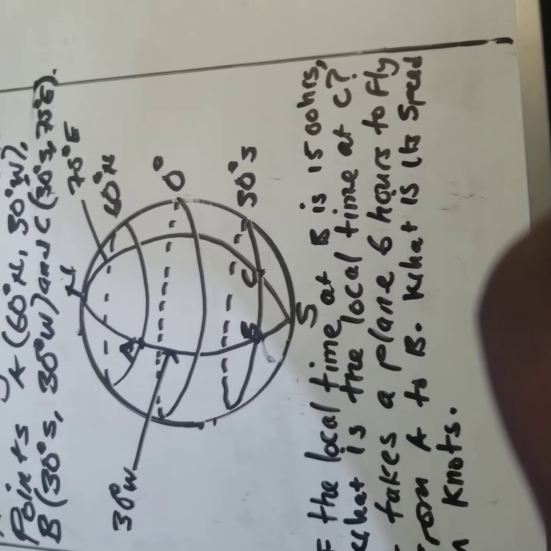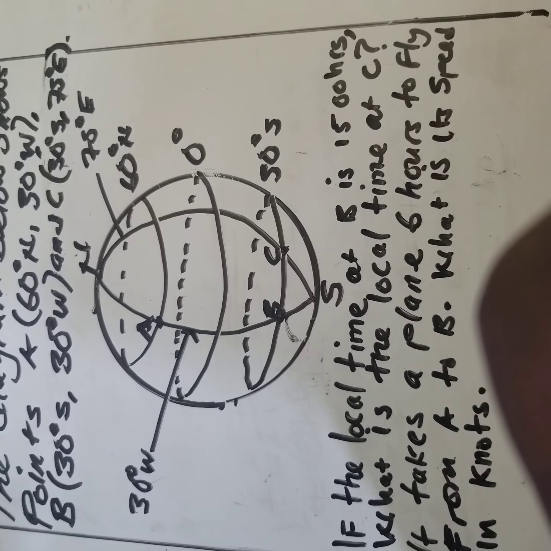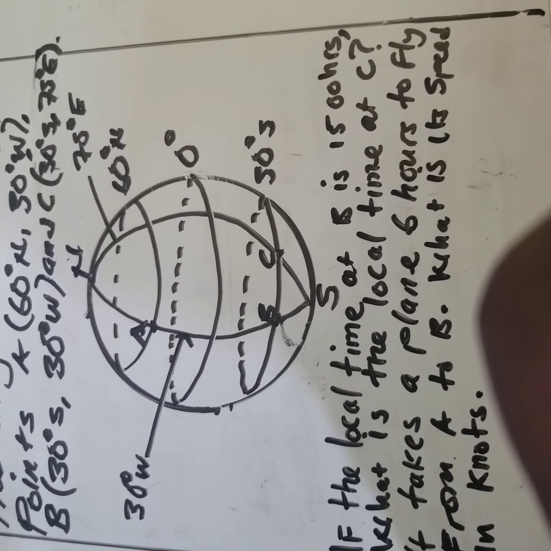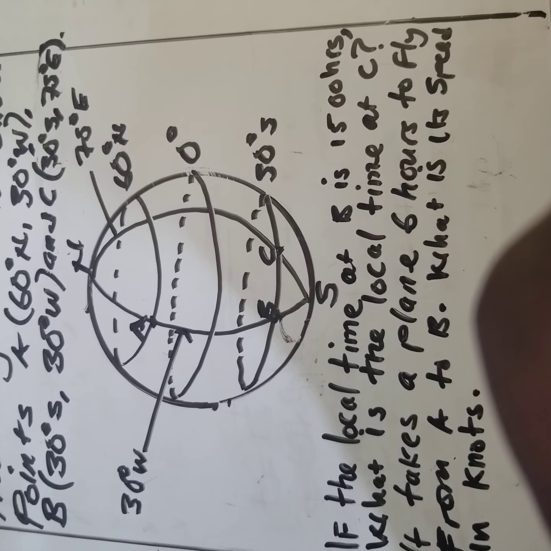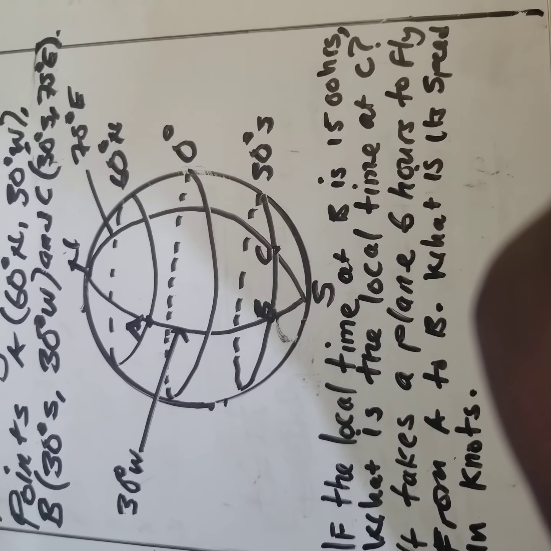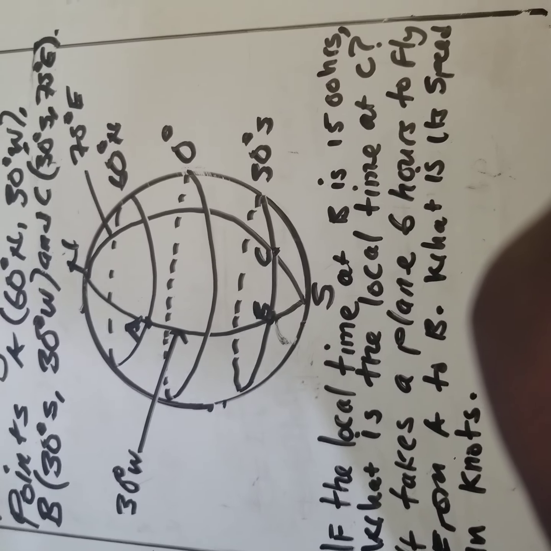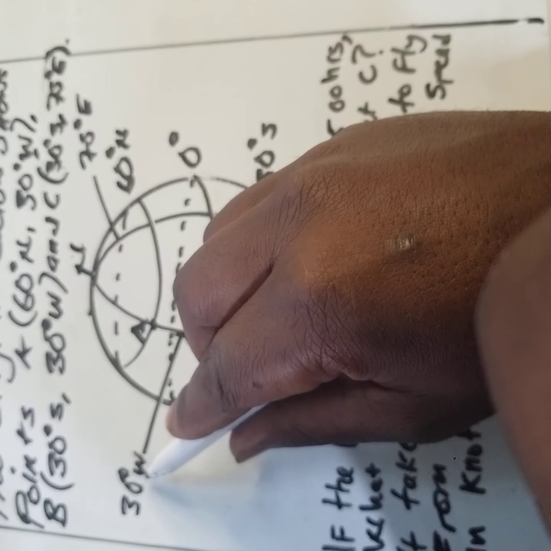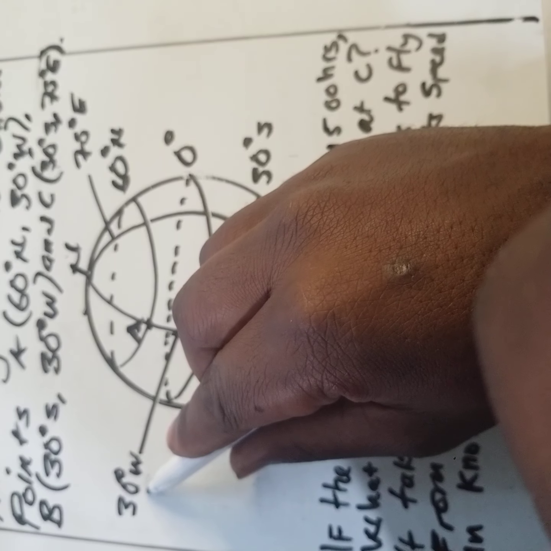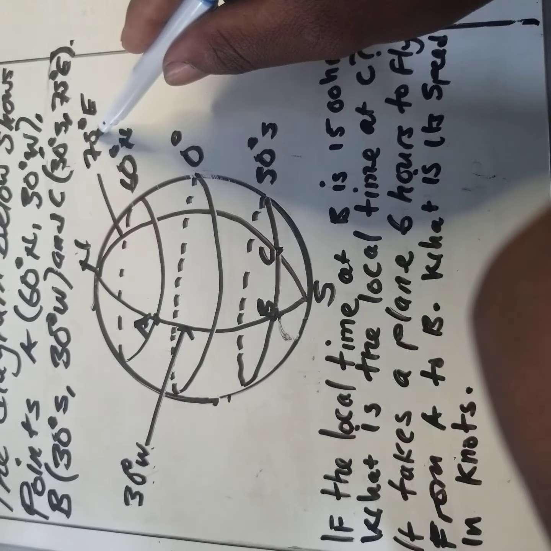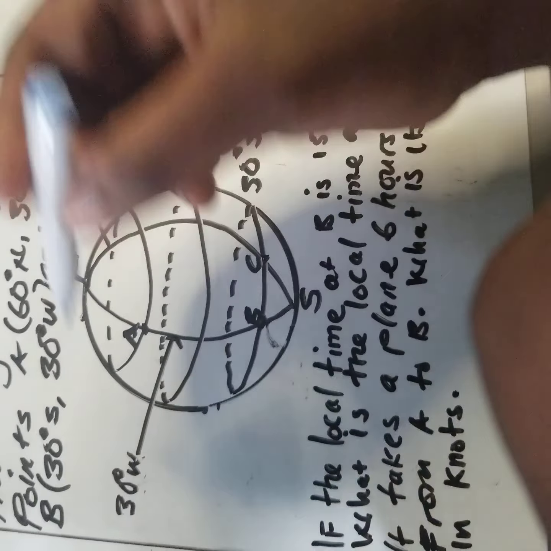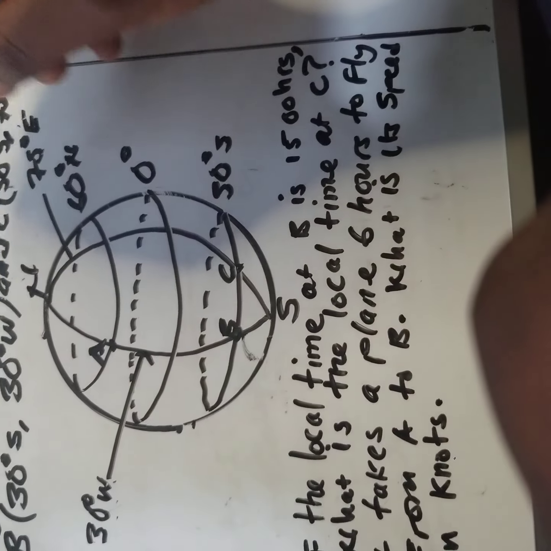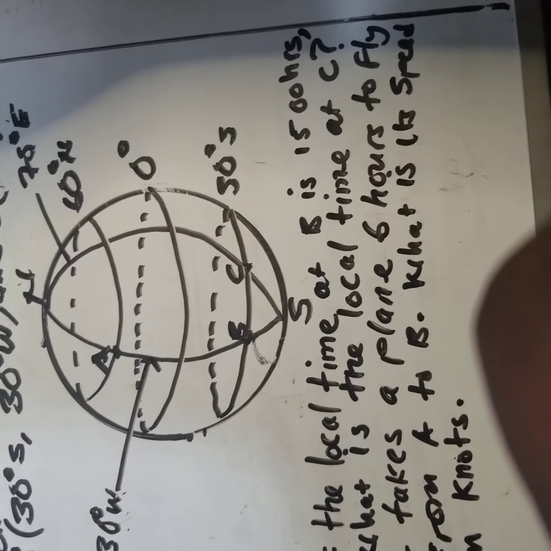Remember, when you are dealing with the difference, we follow the principle of directions. When the directions are the same, we subtract the numbers. When they are different, you add the numbers. So we have 30 degrees west and 75 degrees east. These directions are different, so you add the numbers. First the difference: you add 75 plus 30.